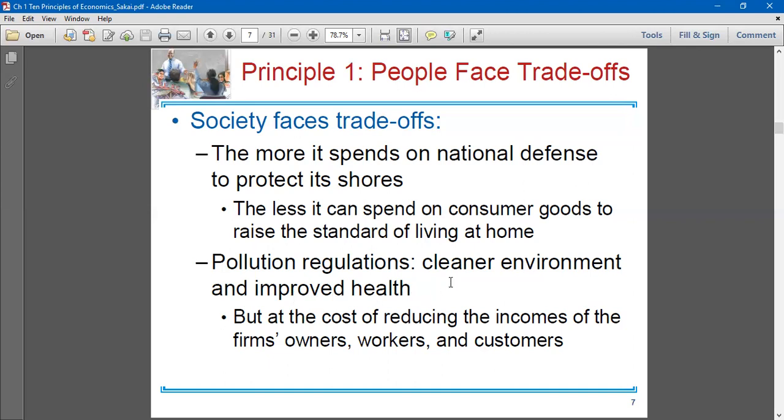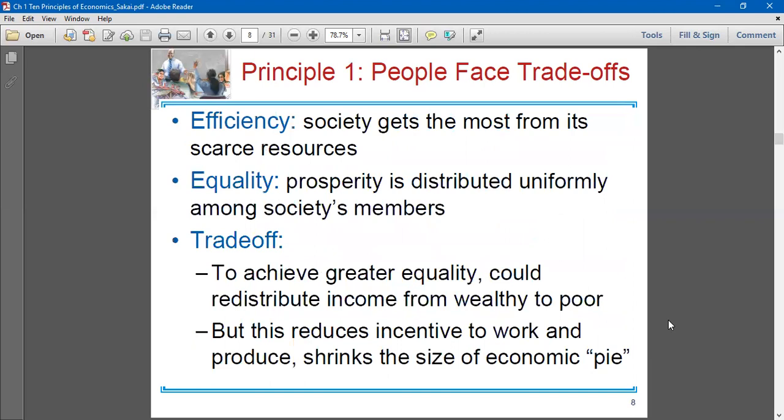If those firms are unable to operate, the firm owners will lose their jobs, the workers will lose their jobs, and whatever they were producing, the customers too are going to lose that commodity. So you see that we are getting a good environment, but people are also losing their jobs. So it doesn't matter if you are an individual, a firm, or the society as a whole, we all face trade-offs. You make one choice, you have to sacrifice another.